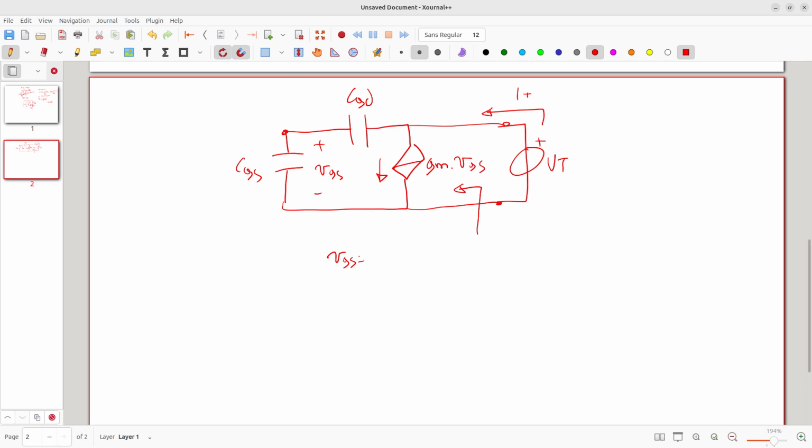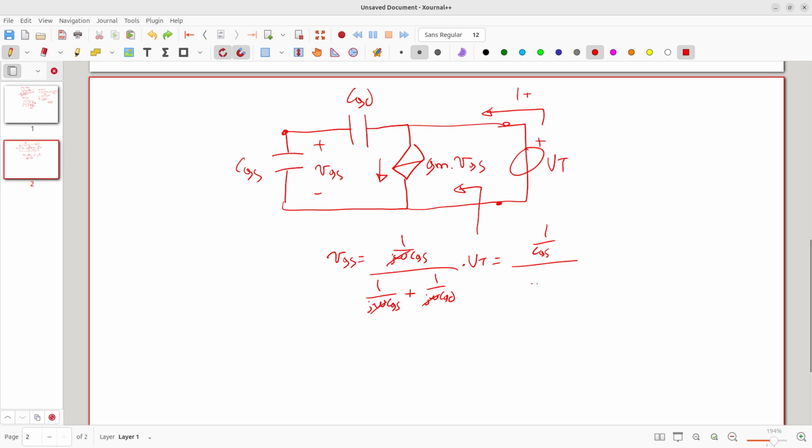So we have that VGS will be equal to 1 over j omega CGS divided by 1 over j omega CGS plus 1 over j omega CGD. All the j omegas disappear. This is times VT. So then I will have 1 over CGS divided by 1, we can already work here.